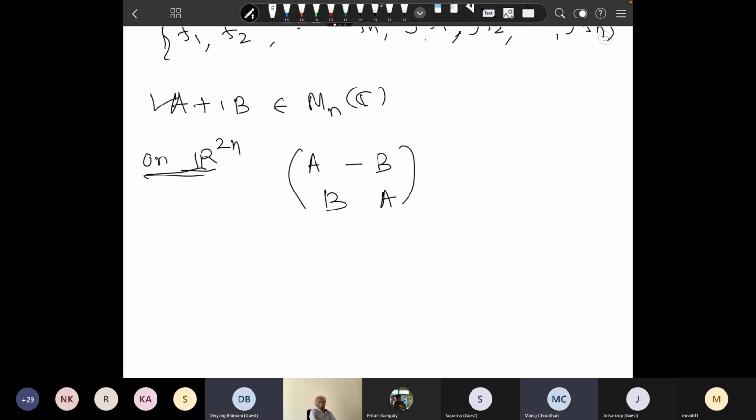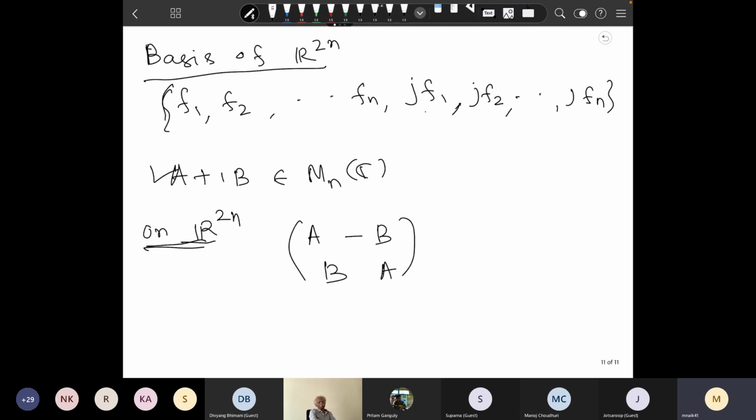I think so. See, the thing is, A plus IB, suppose this is a linear map on Cn. On the standard basis, it has representation A plus IB. On R2n, if I am taking this basis F1, F2, Fn, JF1, JF2, JFn, then I have this matrix representation A minus B, B, A, right?